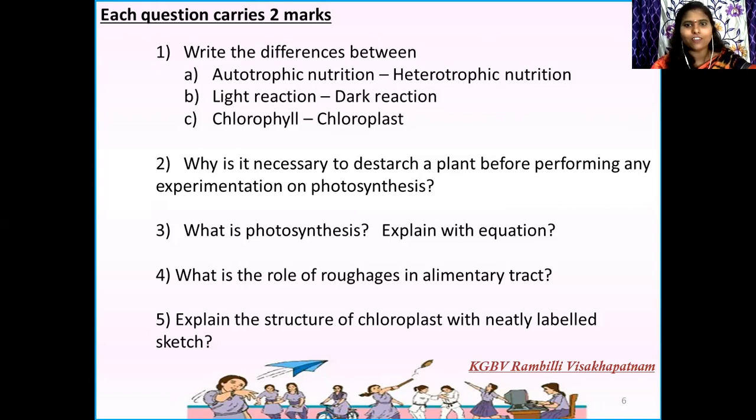Next, explain the structure of chloroplast with a neatly labeled diagram. We know very well its discoid shape, and then grana, stroma, and thylakoid membranes, and its number, 40 to 100 chloroplasts in a cell. Those details are included.